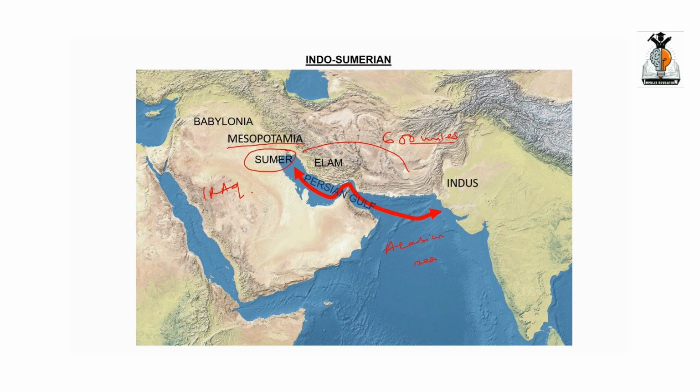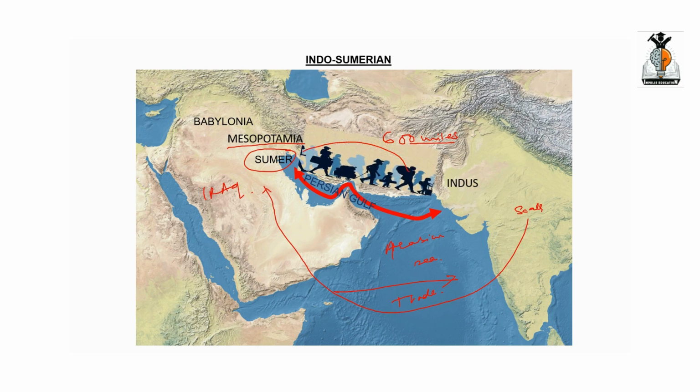There was considerable commercial trade between the two countries, and this can be proved by the 30 Indus Valley seals excavated in Sumer. Thus, for trade, Sumerian language migrated to Indus Valley civilization and Indo-Sumerian language became a major language.